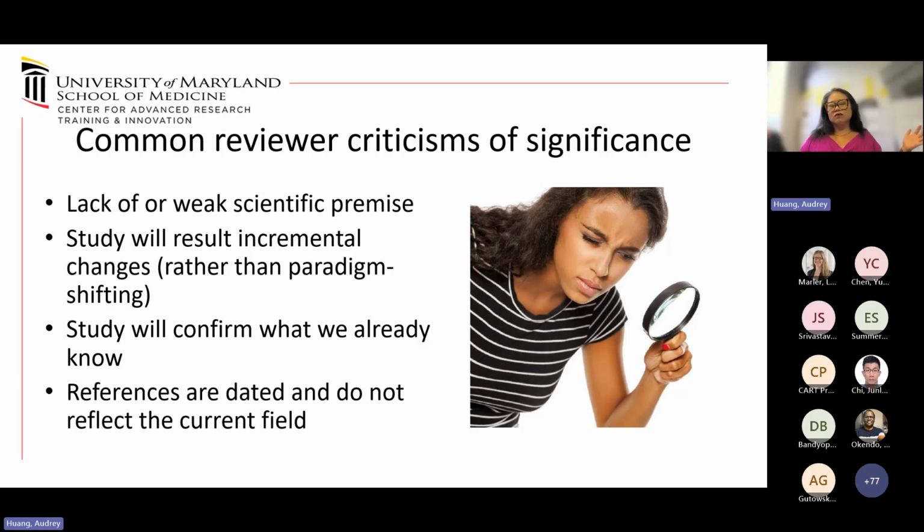Oh, they've only gone back and they're going to answer one more thing about something we know a lot about, and you haven't explained why that one more thing is so important that we can't move beyond that. We can't advance in the field without understanding that aspect that you want to study. Or the study will confirm what we already know. And references are dated and do not reflect the current field. This is why you need to go through the literature often and a lot.